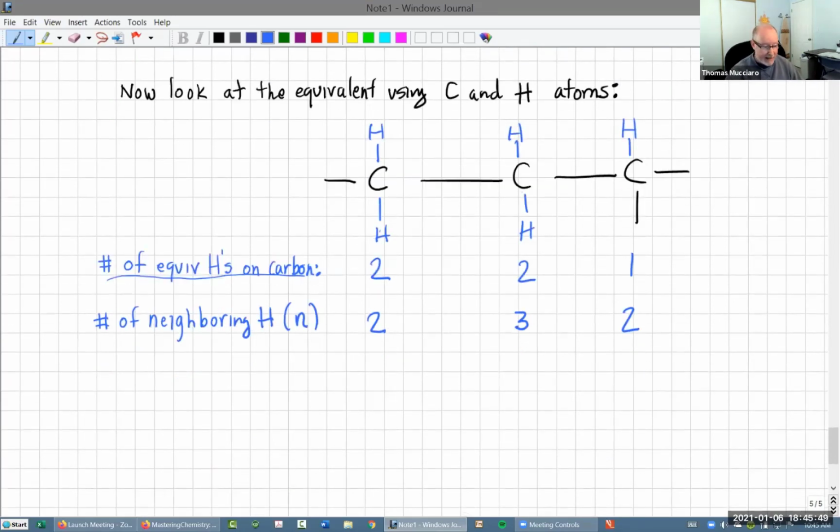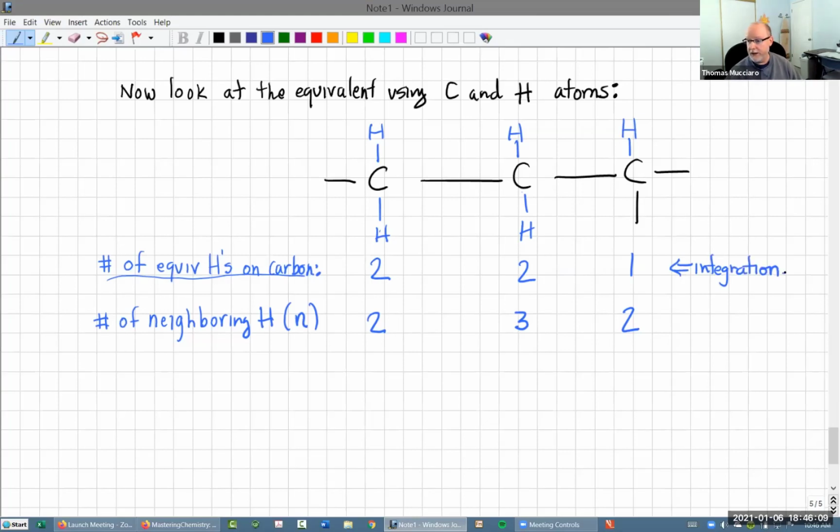So in the NMR splitting topic, we talk about neighboring hydrogens. That's the correct term, and we symbolize it with the letter N. Now, what is the number of equivalent hydrogens on the house? Well, that is basically our integration.